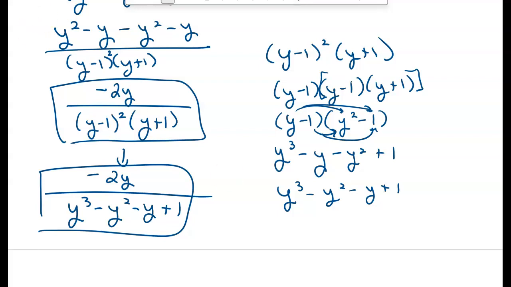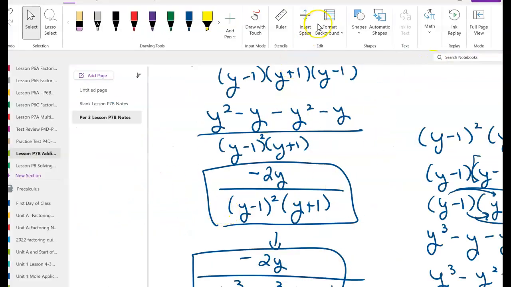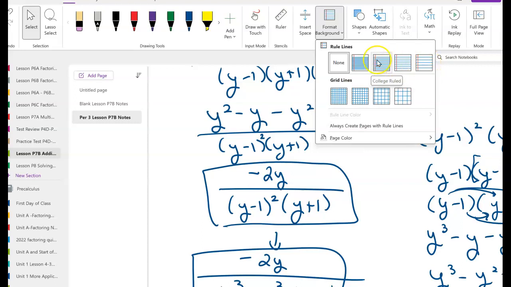Just so you guys remember this, on your OneNote, if you go to View, you can format the background. For some of you, lined paper is going to be your friend. Otherwise, you get too big. Here's the other thing. This hasn't happened as much, but it has happened a few times.